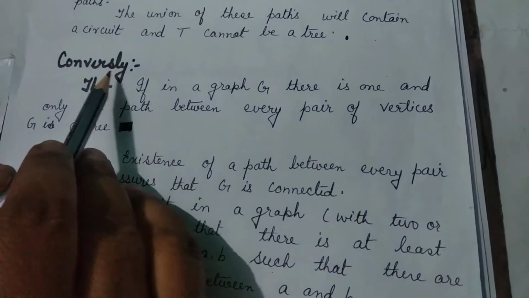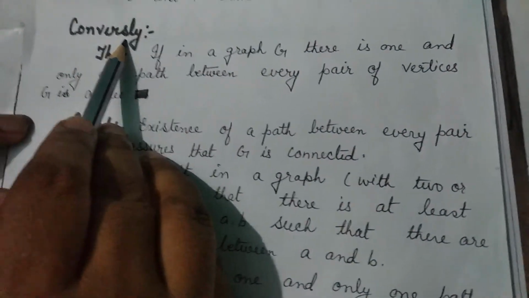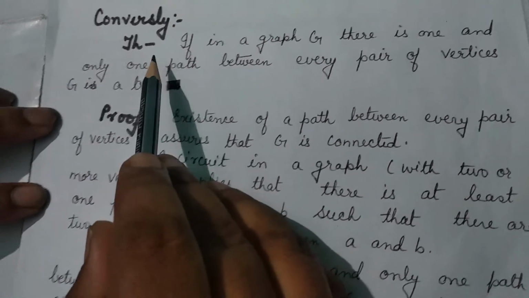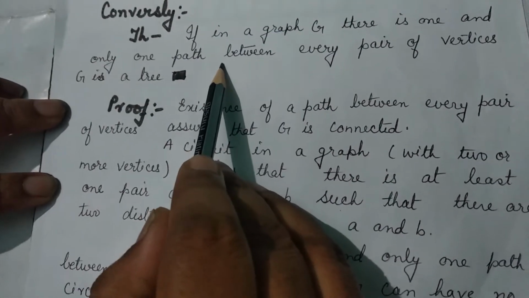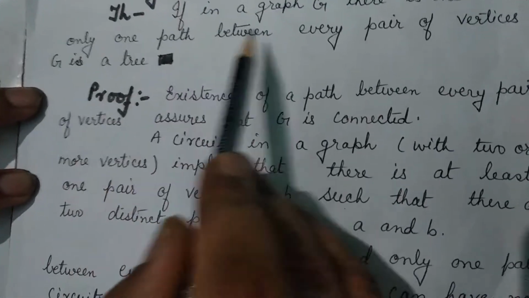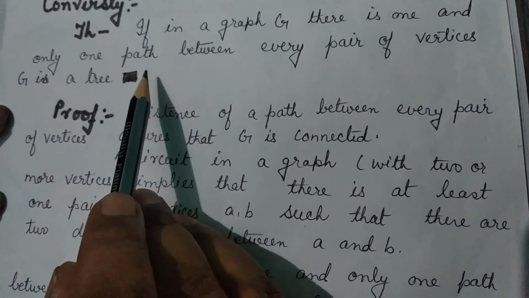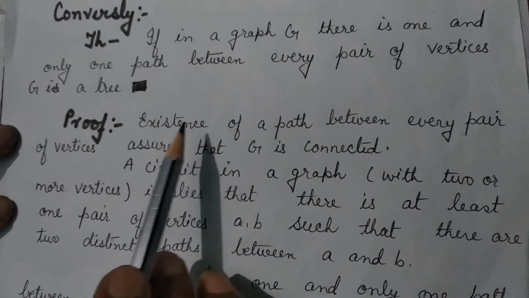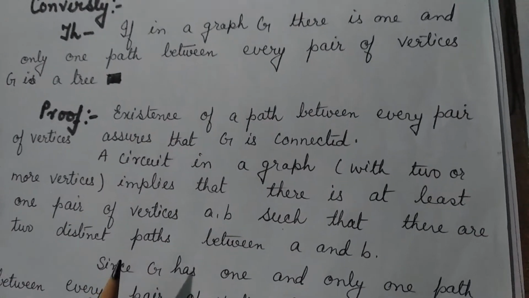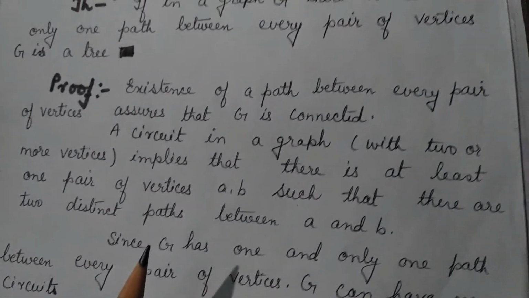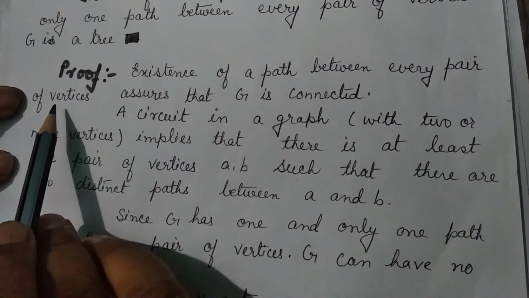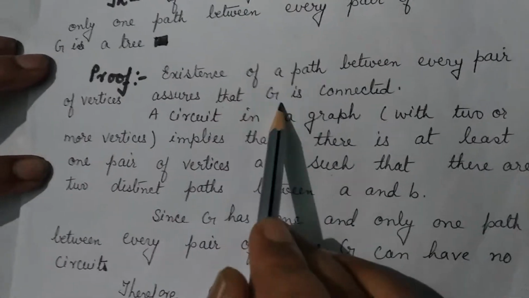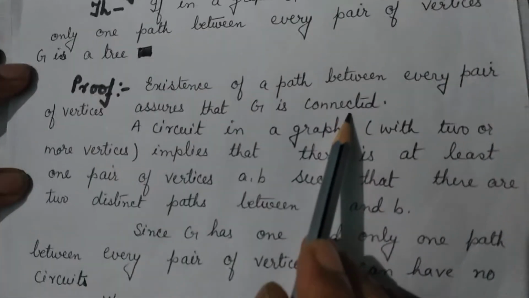Let us see the converse part. Conversely, if in a graph G there is one and only one path between every pair of vertices, then G is a tree. Let us see the proof. Existence of a path between every pair of vertices assures that G is connected.